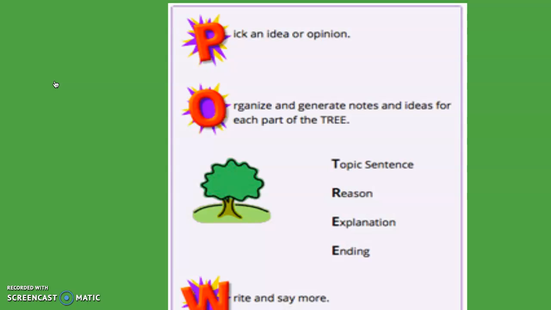And while we're organizing those notes, we use the TREE system. The TREE system is the topic sentence, the reason, the explanation, and the ending. Once we're done organizing our notes with the TREE system, we write and say more. I'm going to show you exactly how to do that in today's lesson.